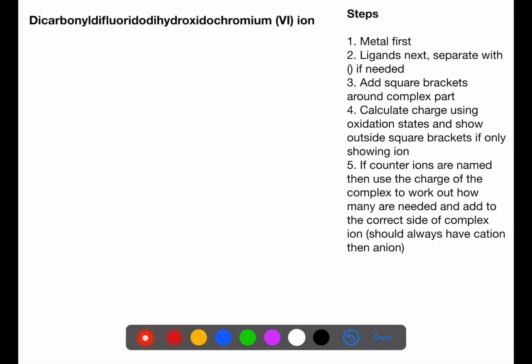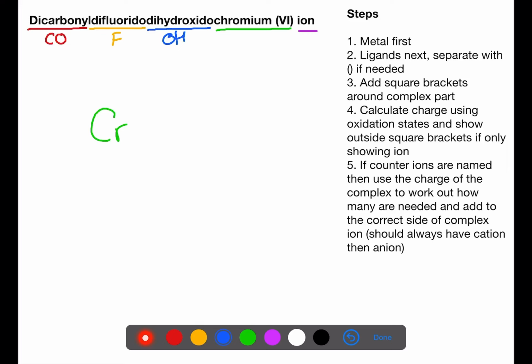In this example, we have 3 ligands. We have dicarbonyl, difluorido, dihydroxido, chromium 6, and we're just looking at an ion. The symbol for chromium is Cr. We then have 3 different types of ligand. So we have our carbonyl ligand, which is neutral, a fluorido ligand, which is negative, a hydroxido ligand, which is negative.